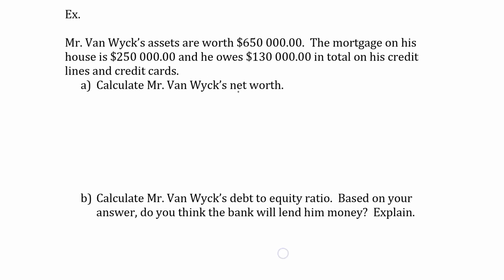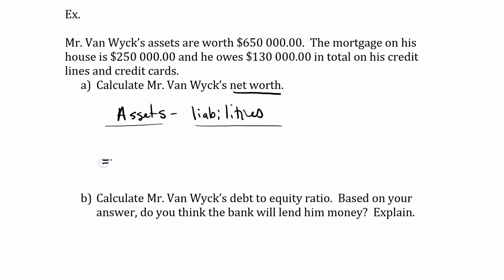So the net worth here, remember it's assets minus liabilities. So what he has minus what he owes. What he has is assets valued at $650,000. So that could be a home.